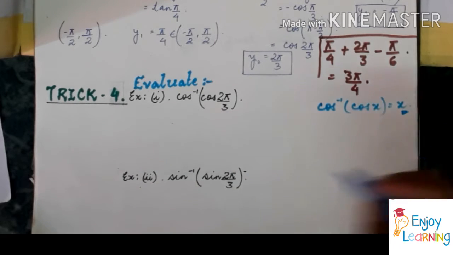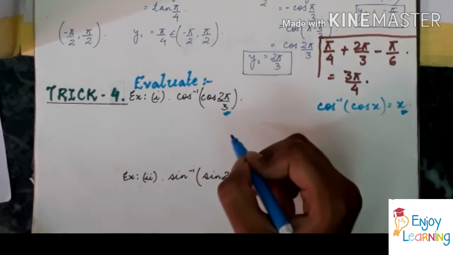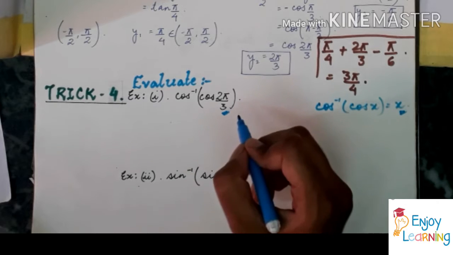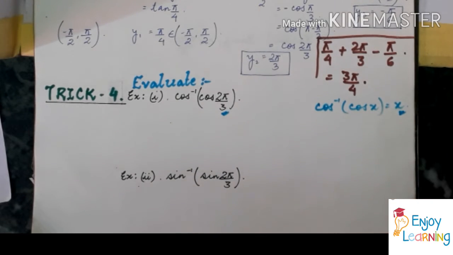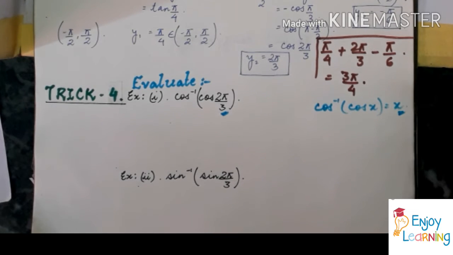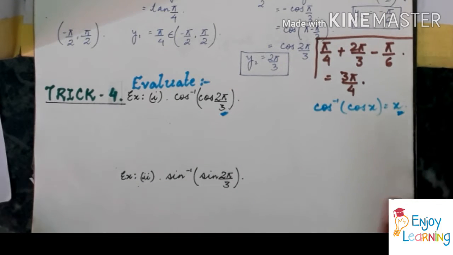So first you have to check whether this angle is in between 0 to pi, then only you can use this property. In all such properties, you have to remember the restriction on the value of x, that x should lie in between which values. Then only these properties are applicable.